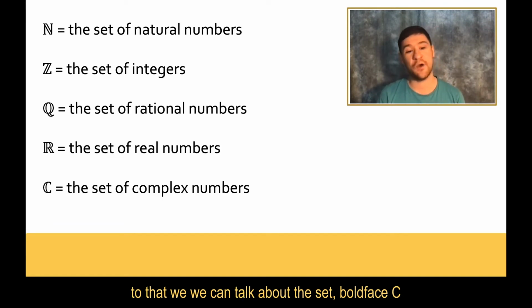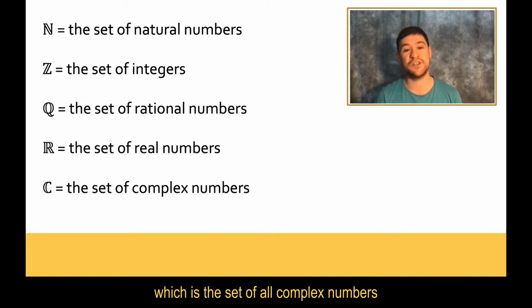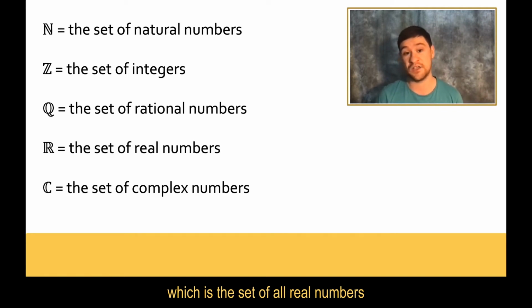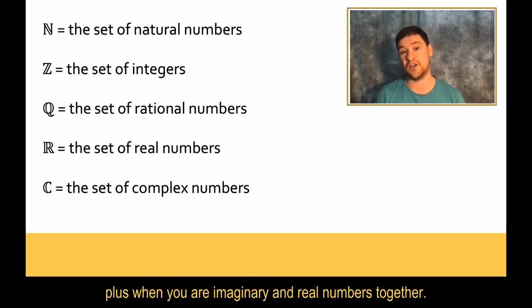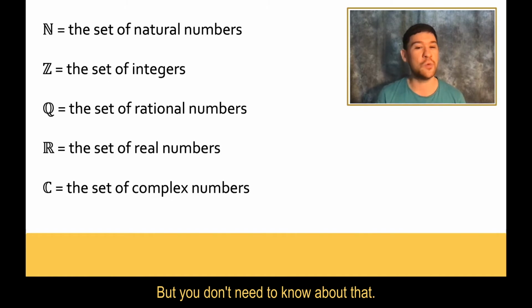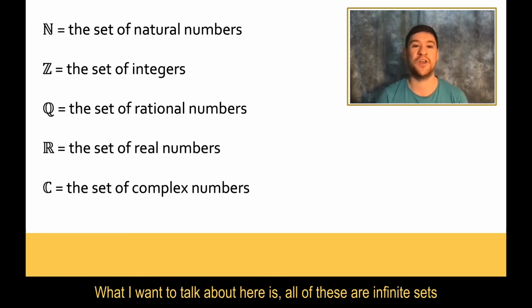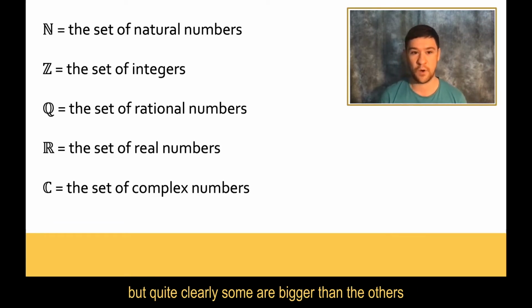And even further to that, we can talk about the set boldface C, which is the set of all complex numbers, which is the set of all real numbers plus the imaginary numbers, plus when you add imaginary and real numbers together. But you don't need to know about that. What I want to talk about here is all of these are infinite sets, but quite clearly some are bigger than the others.